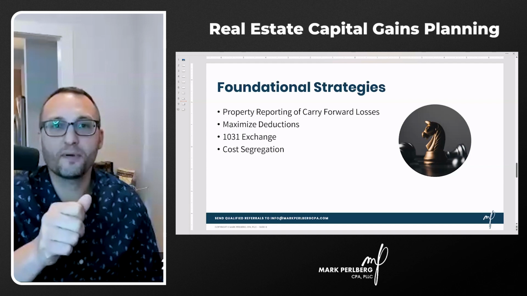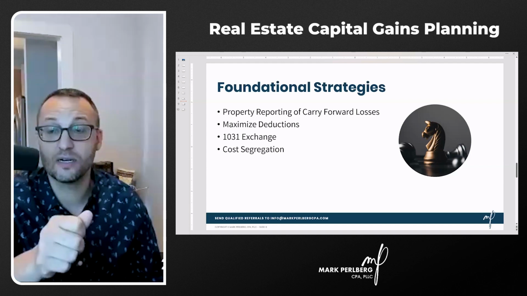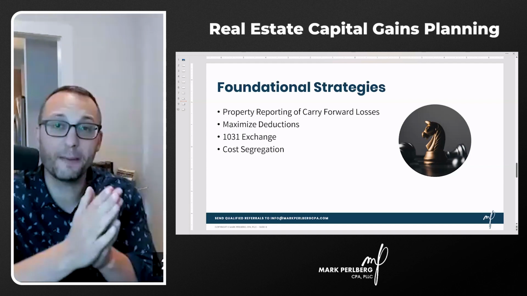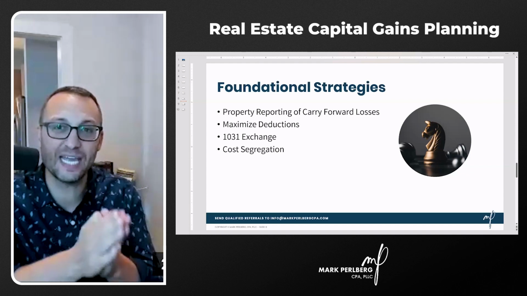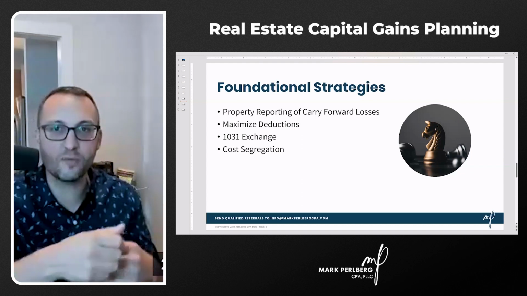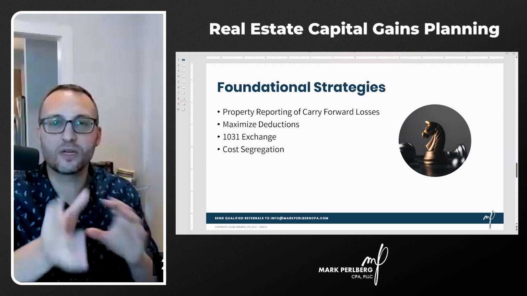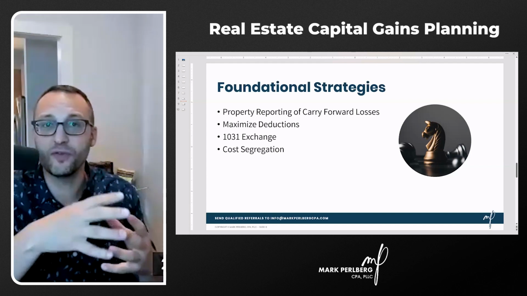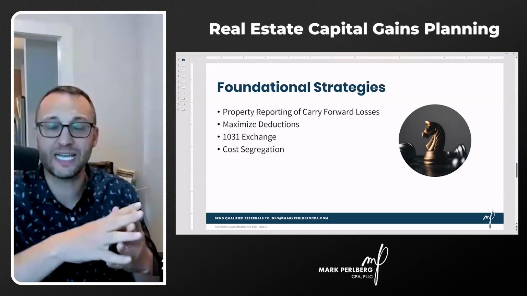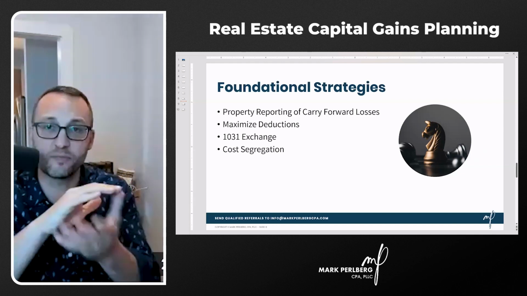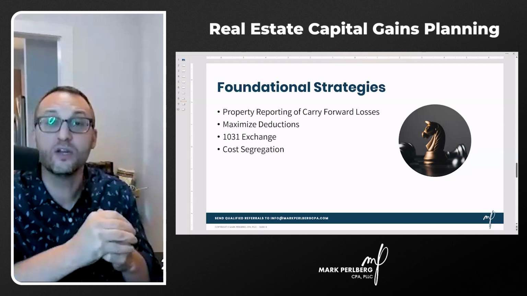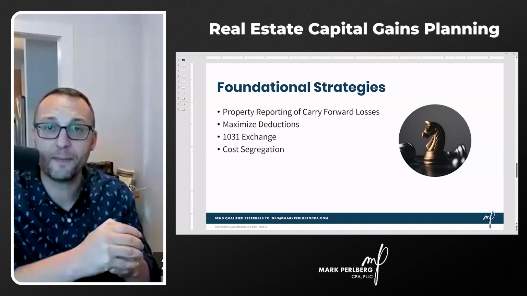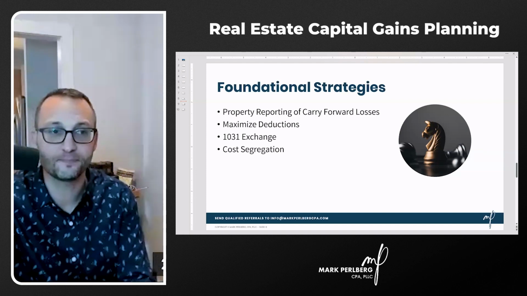If you have a property for less than a year, it still might be treated as capital gains. Let's say you bought a rental property and someone comes up to you with an offer you can't refuse, or whatever circumstances encourage you to dispose of the property, and you had it for less than a year, you can still have short-term capital gains tax treatment on it.